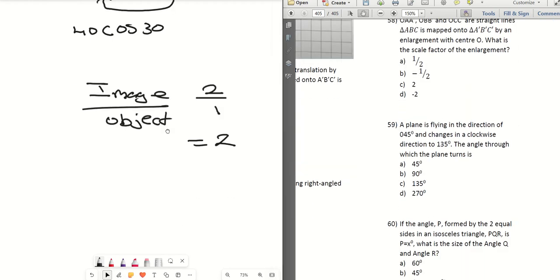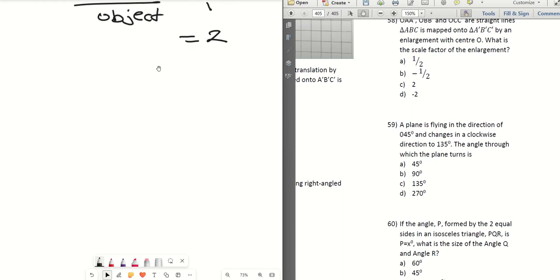Let's look at 59. A plane is flying in a direction of 45 degrees and changes in a clockwise direction to 135. The angle through which the plane turns is?